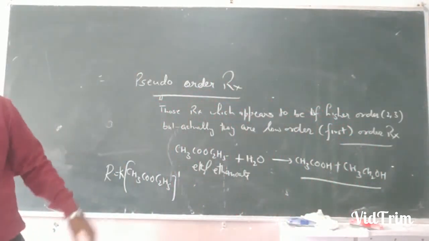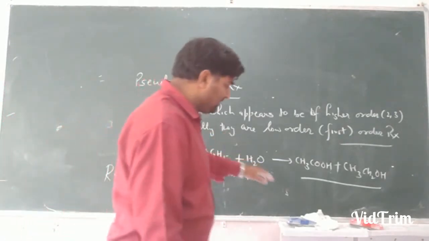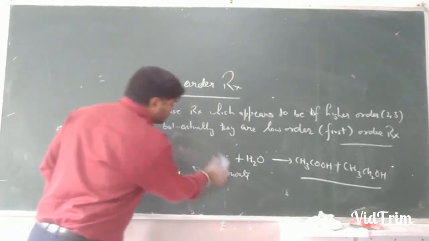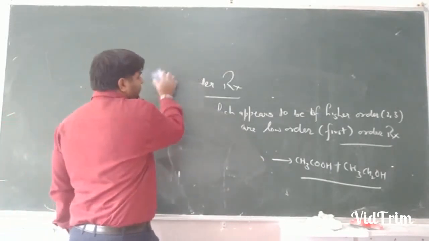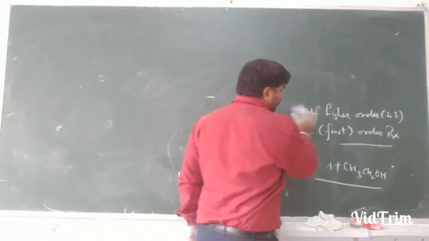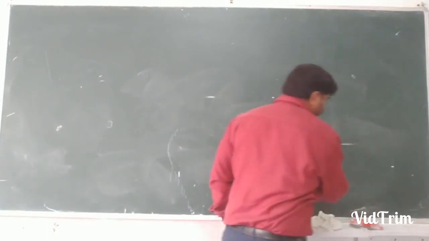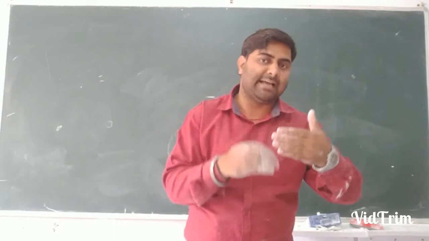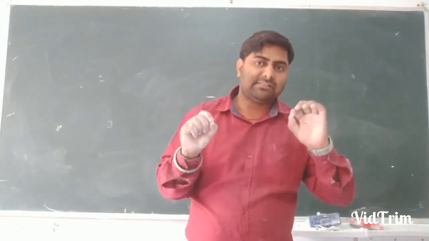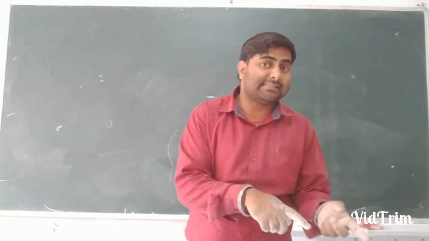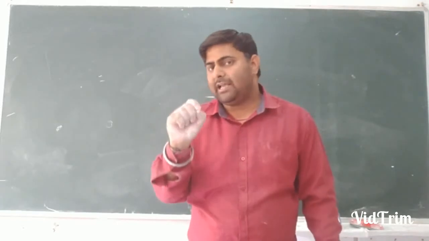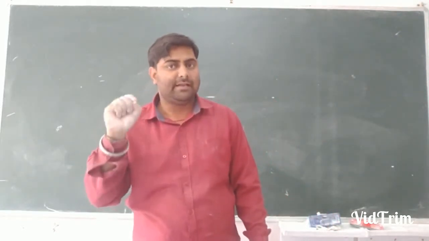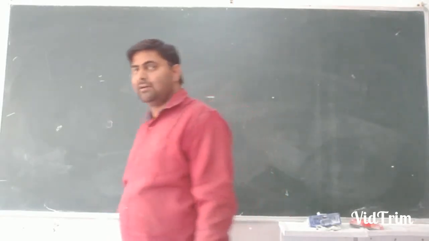Now the last is the fractional order reaction. Fractional order reactions are those reactions which are complex in nature, those which take place in various steps, where the slowest step is the rate determining step.